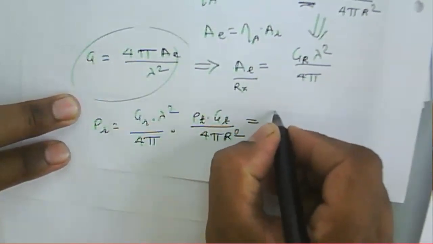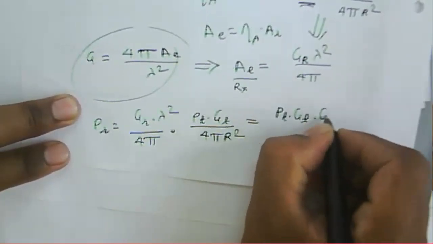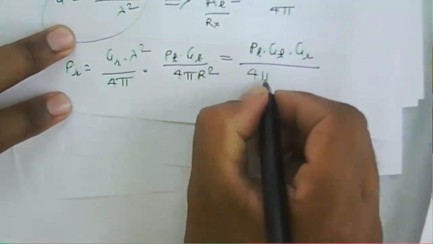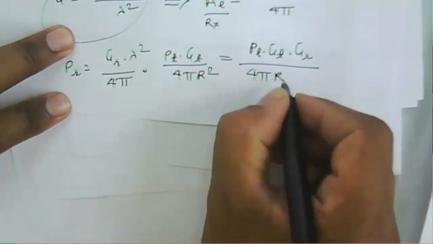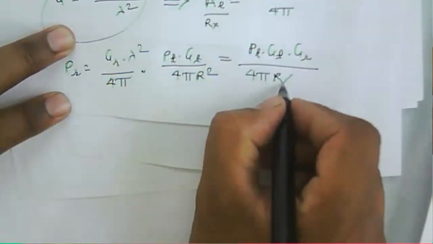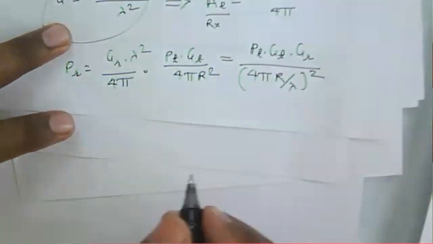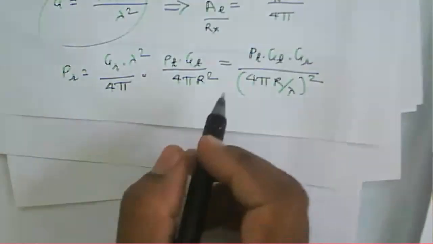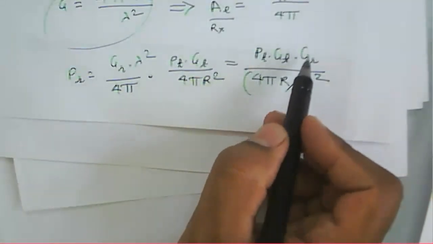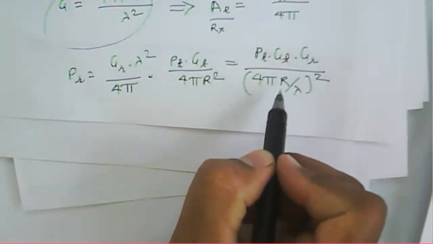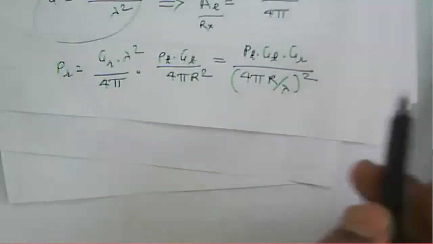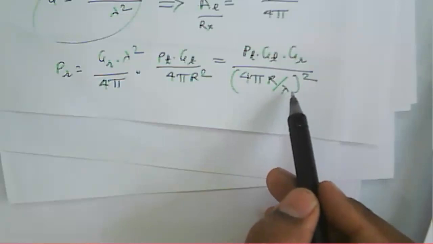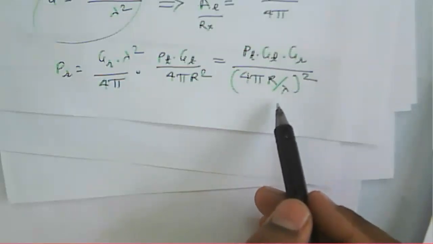So at the end, PR equals PT GT GR divided by 4 pi r, with lambda, bracket raised to square, and that is nothing but the received power. So we have the gain of the transmitting antenna and the gain of the receiving antenna. In satellite communication, the distance from the earth station to the satellite is r, and lambda is the operating wavelength of this antenna.